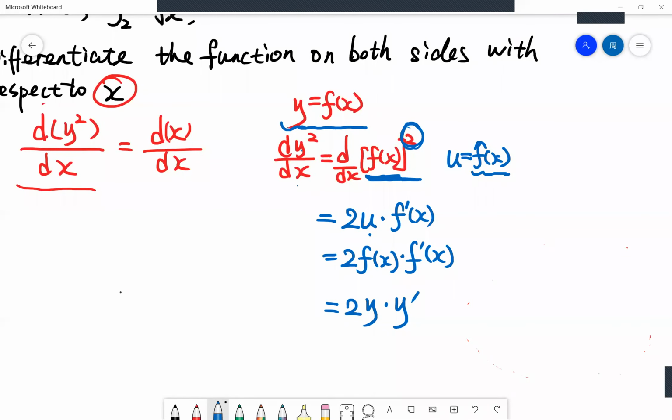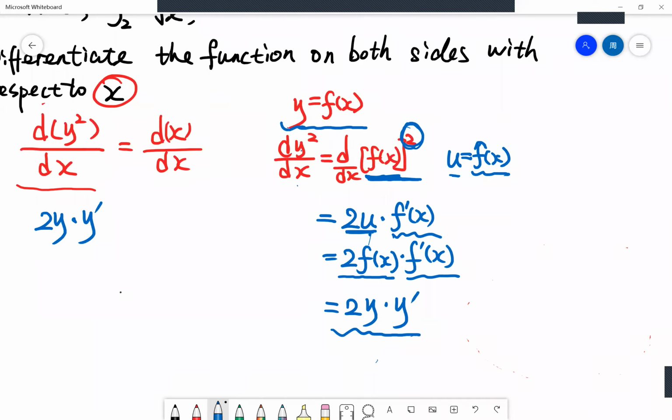The outside is 2u, and the inside is u prime, so that is f prime here. So we substitute u back: that is 2 times f of x times f prime, and we use y to write 2y times y prime. So the left side is 2y times y prime.